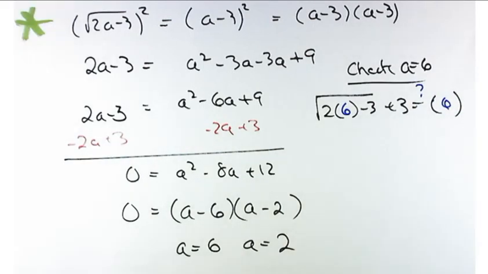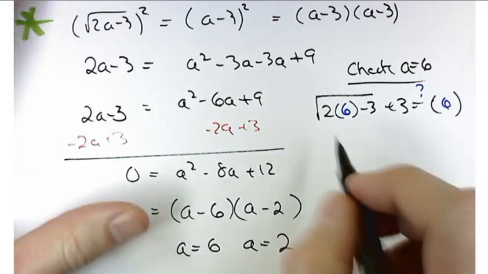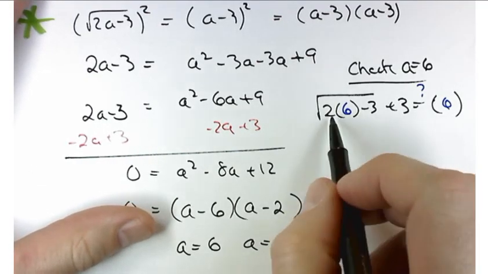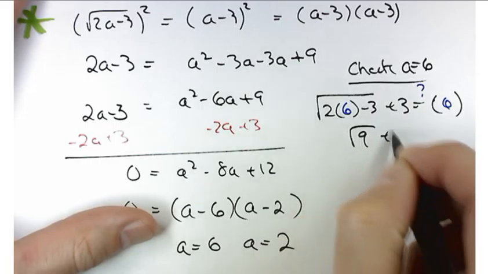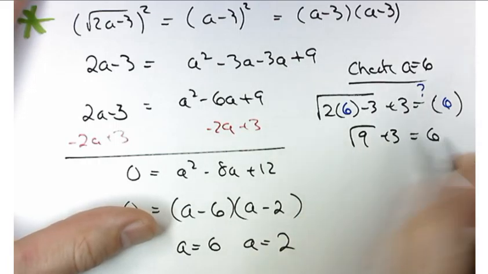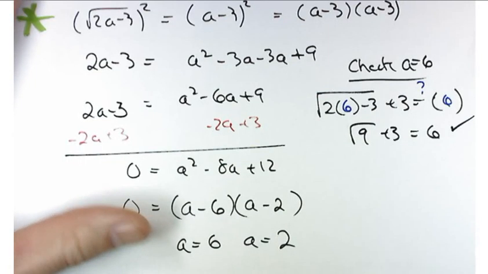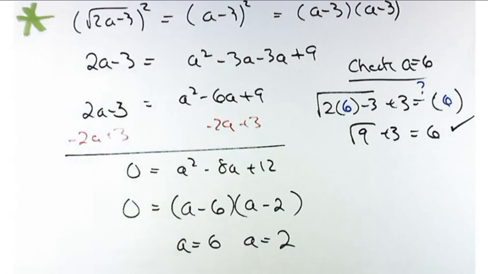Well, we'll find out in just a second. So 2 times 6 is 12, minus 3 is 9. Square root of 9 plus 3. Does the square root of 9 plus 3 equal 6? Yes. The square root of 9 is 3. So it checks.